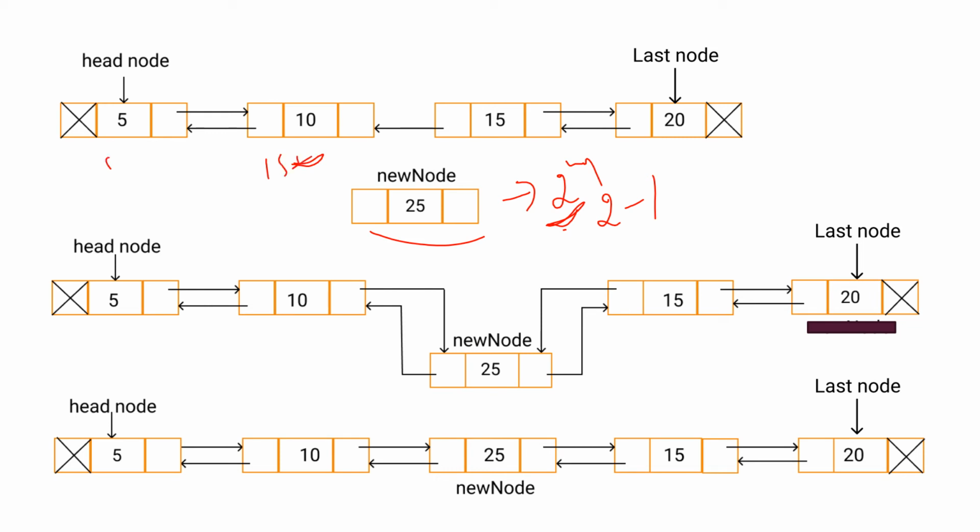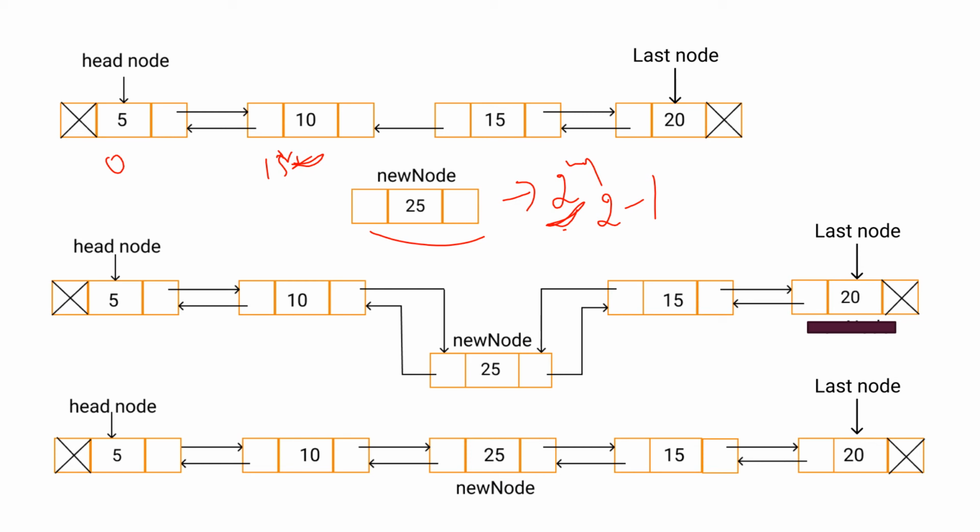So, as you know, this is the 0th position and this is the first position. So in this case, I want to move to the 2 minus 1th position, that means from the head node to the first node, and at the second position I need to insert the new node.